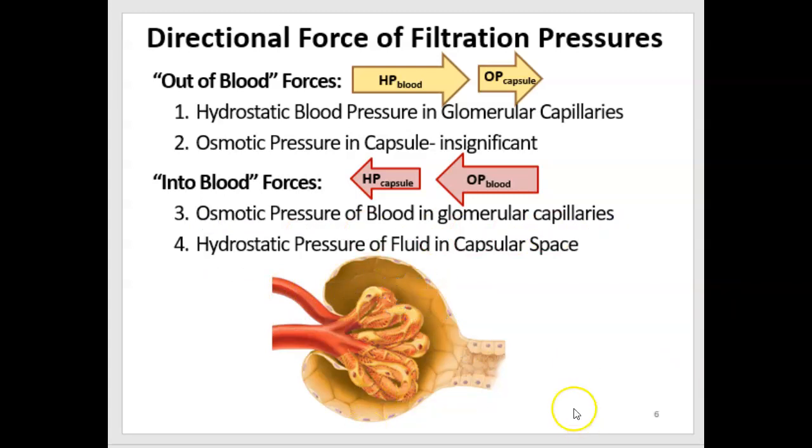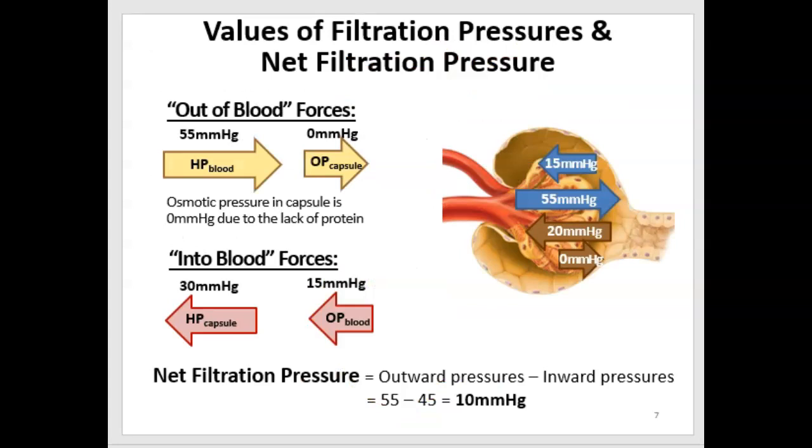So 2 outward forces that cause fluid to leave the bloodstream and 2 inward forces that cause fluid to stay in the bloodstream. Of these, we are going to see that it's the hydrostatic pressure of the blood and the osmotic pressure of the blood that are going to play the biggest role. But we're going to use some numbers or values and look at why that is so.